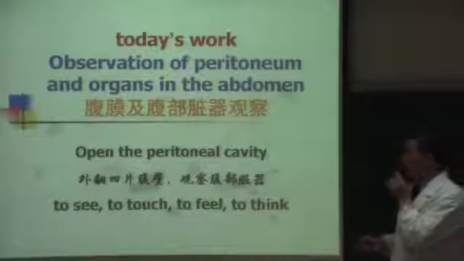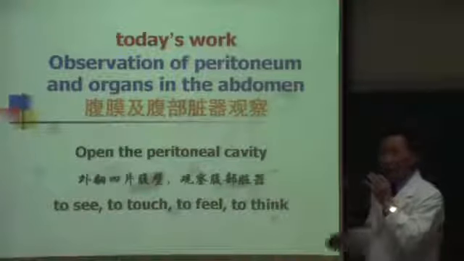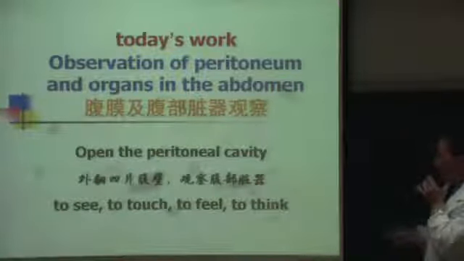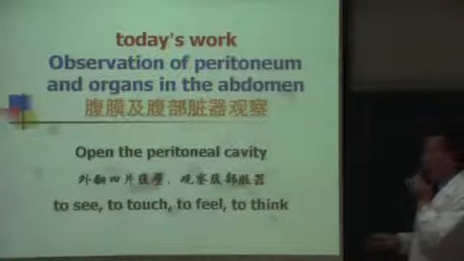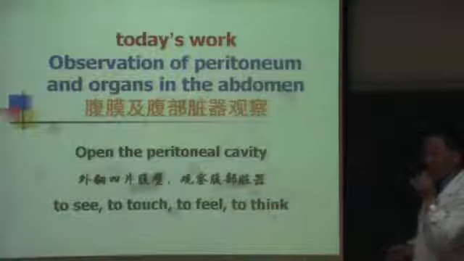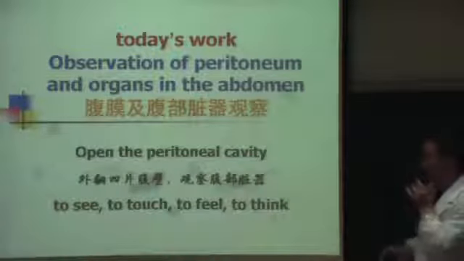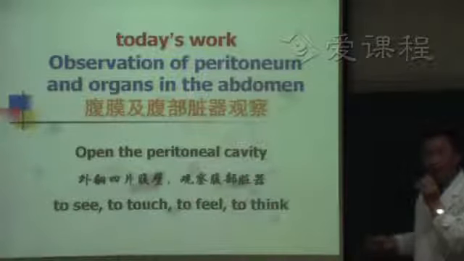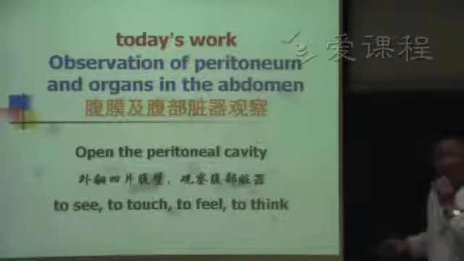We should first open the peritoneal cavity by making a cross incision, as done in the video, and reflect the 4 parts of the abdominal wall to the lateral side, and you should see by your eyes, touch by your fingers, and feel by your fingers and by your heart, and think with your brain.